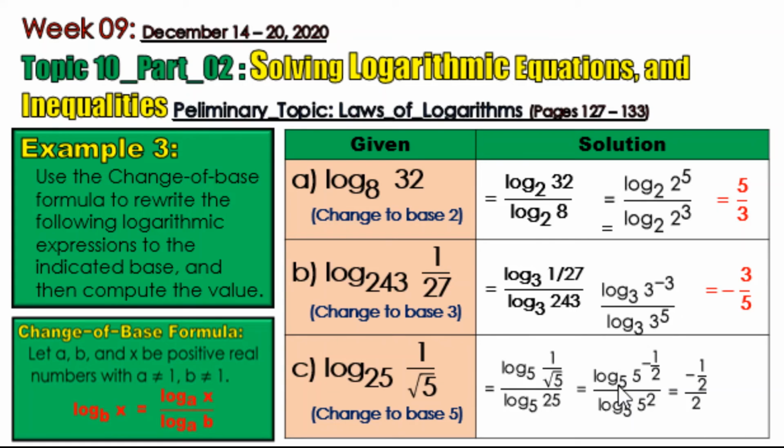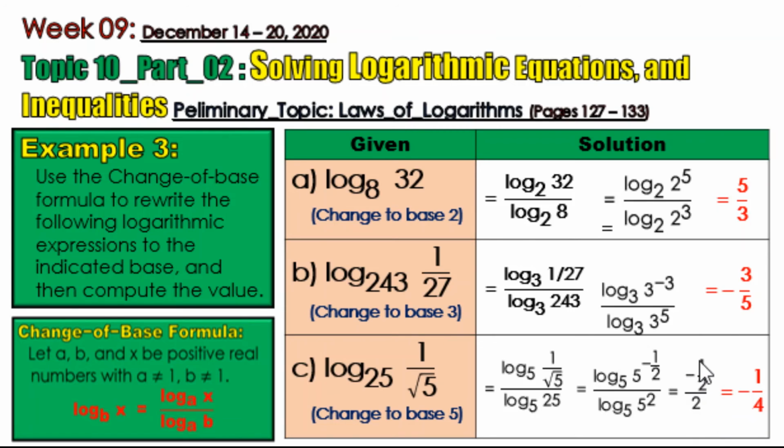Applying one of the basic properties of logarithm, the exponent, we have negative 1/2. We have also the exponent 2, and further by simplifying this, we have negative 1/4. So negative 1/2 divided by 2, we will get the reciprocal of 2, which is 1/2, and then multiply it to the numerator.